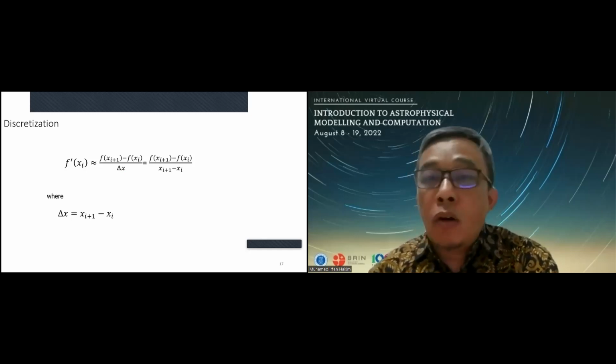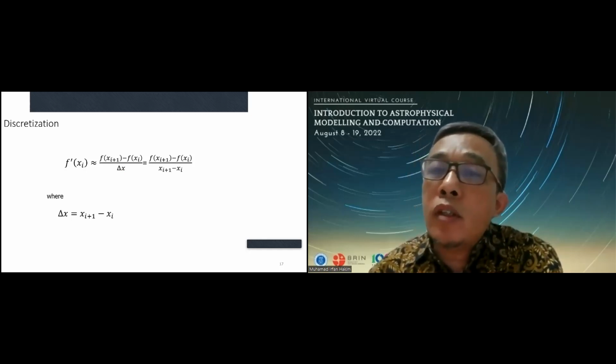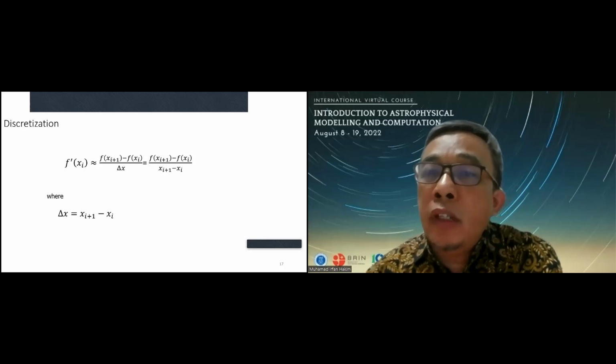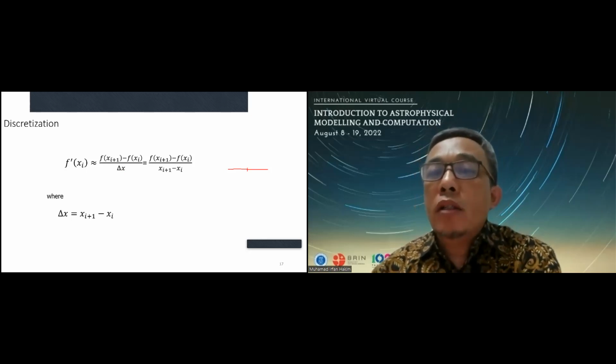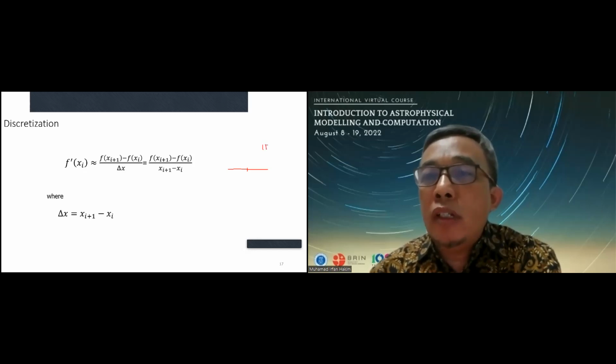This is a very simple example of how we use the mesh. We use a one dimension mesh.